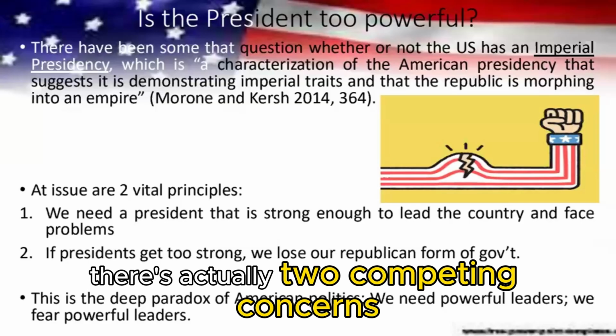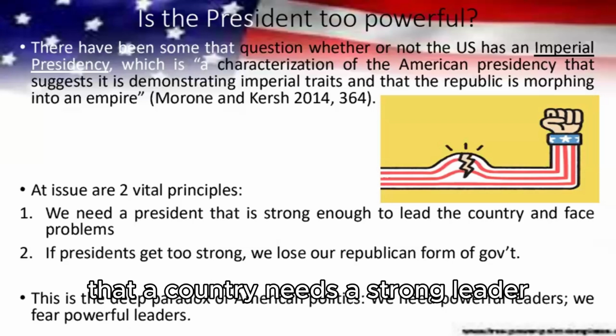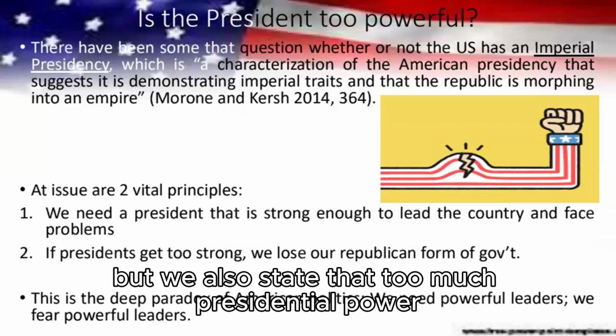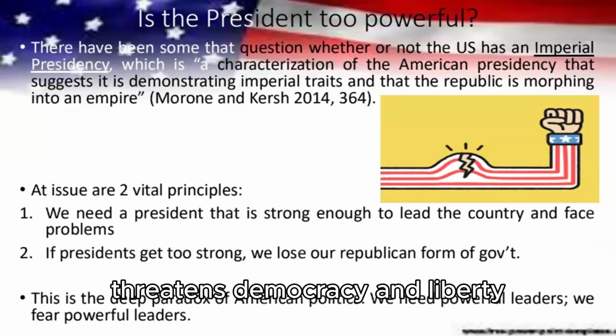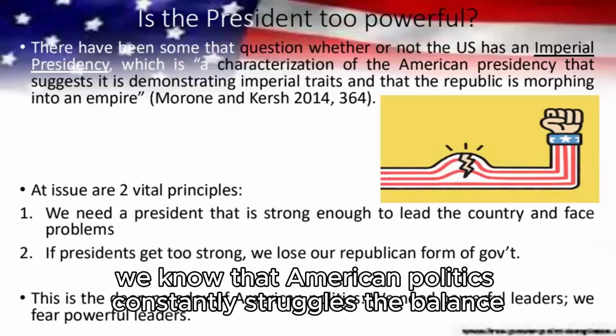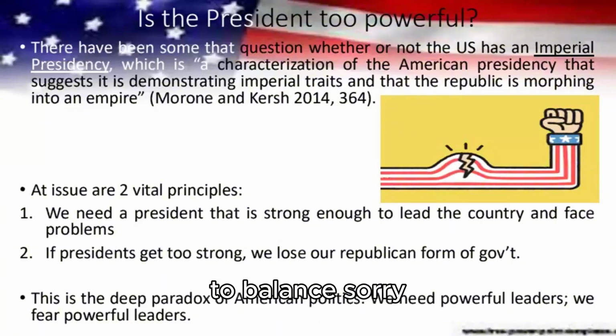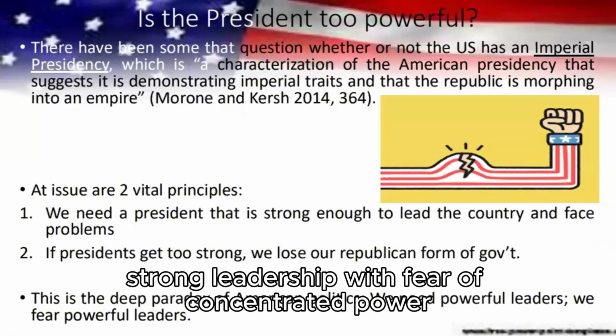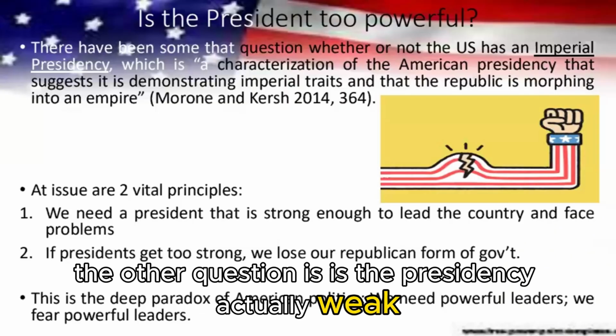There are 2 competing concerns: that the country needs a strong leader, but also that too much presidential power threatens democracy and liberty. With that, we know that American politics constantly struggles to balance strong leadership with fear of concentrated power. The other question is, is the presidency actually weak?